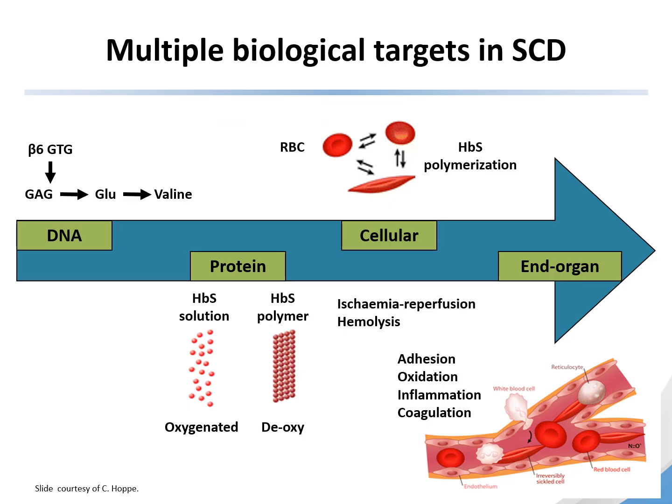And this can be seen in this slide, the single base substitution, single amino acid substitution, leading to an abnormal protein, cellular changes, increase in cellular adhesion to the endothelium, recruiting white cells and platelets, leading to oxidation, inflammatory changes, activation of coagulation, and end organ damage.